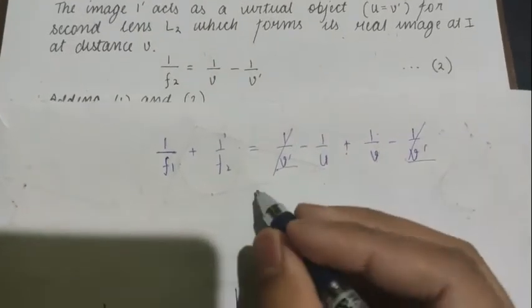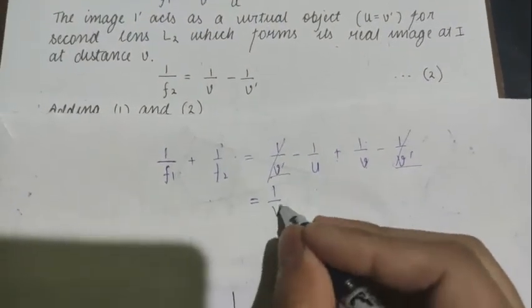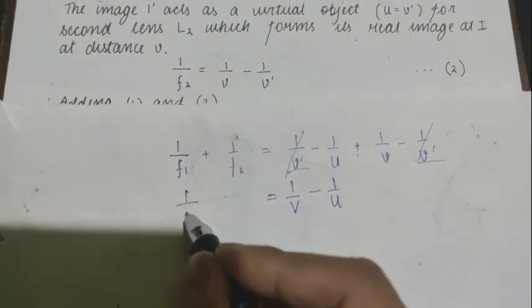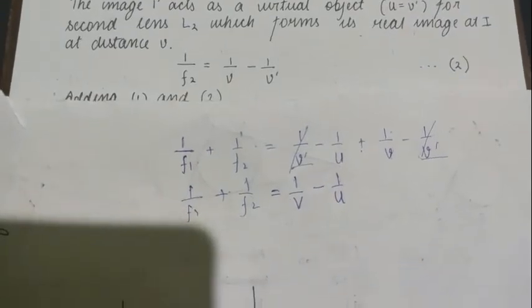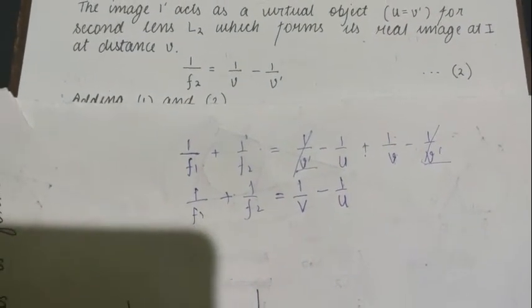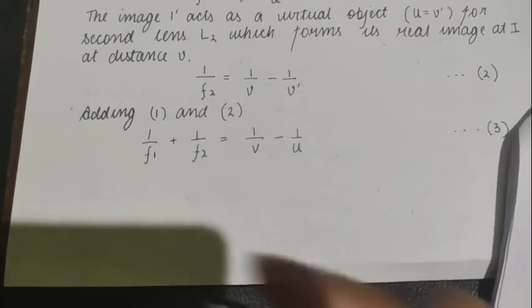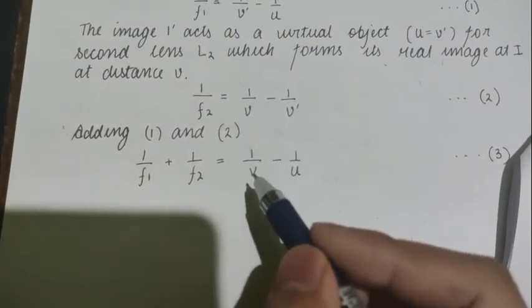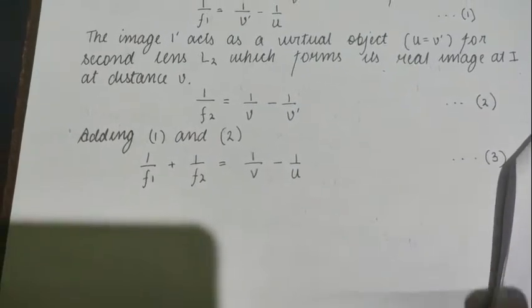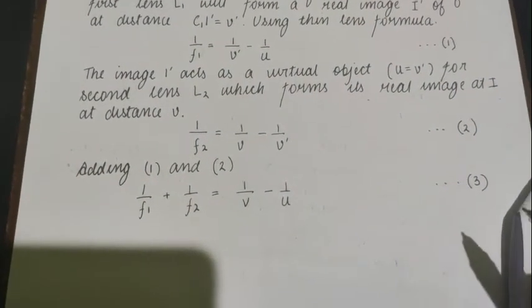So what am I left with? 1/v minus 1/u. So 1/f1 plus 1/f2 equals 1/v minus 1/u. Give this one as equation 3.